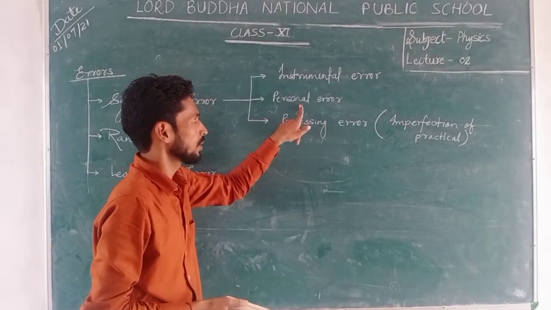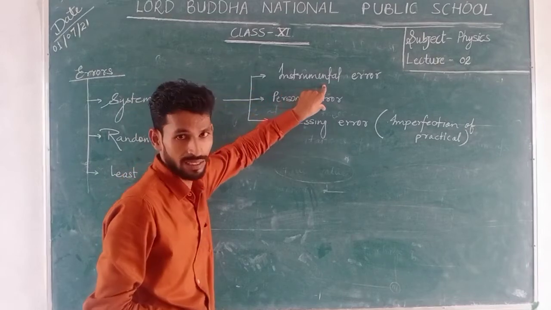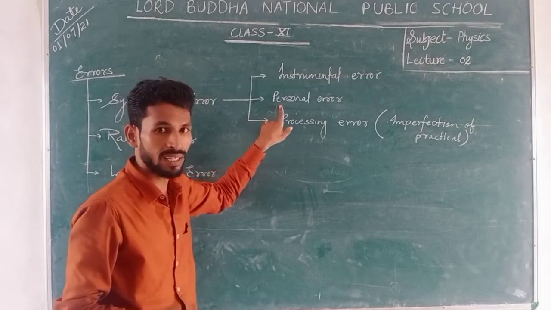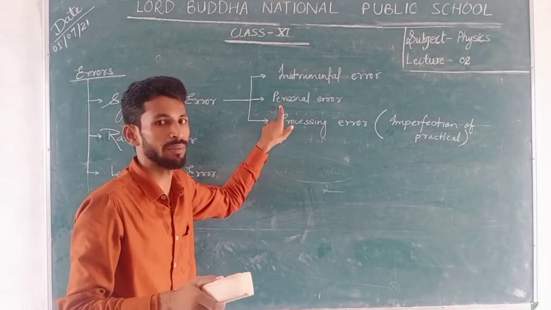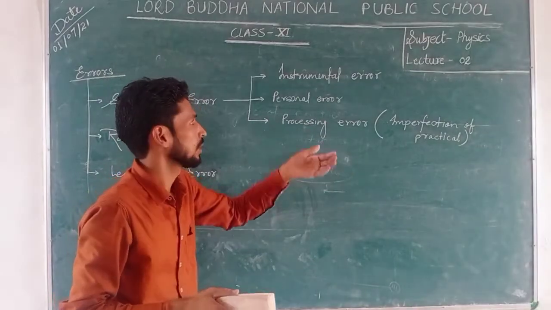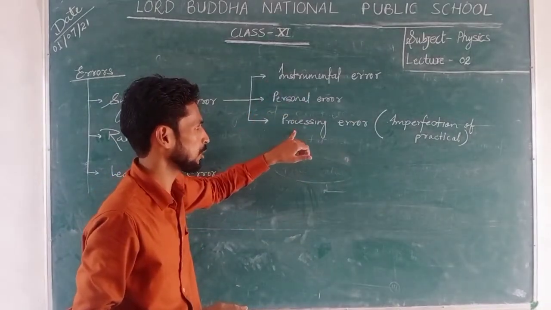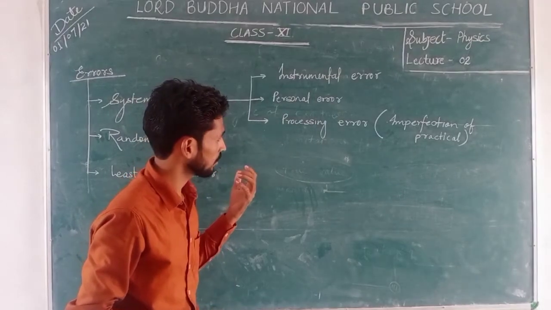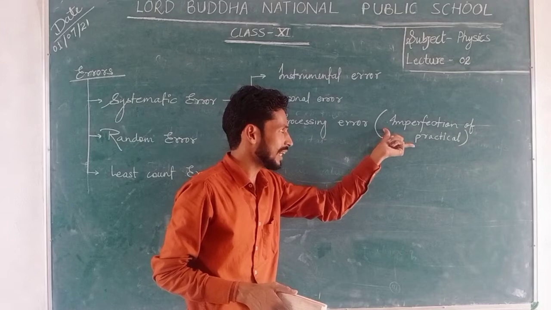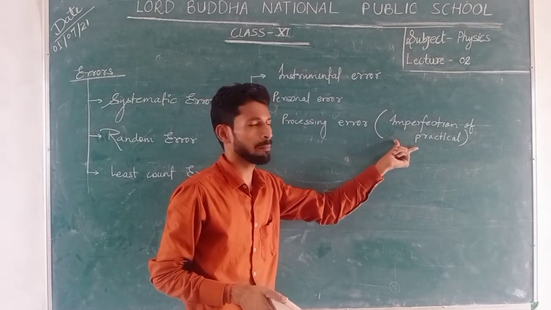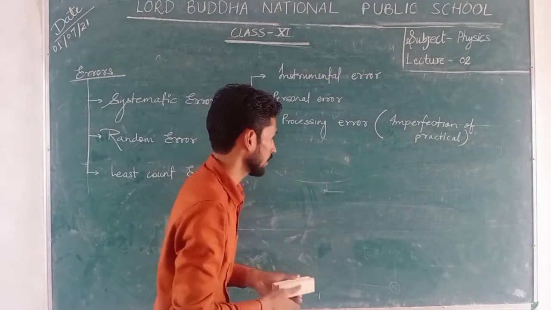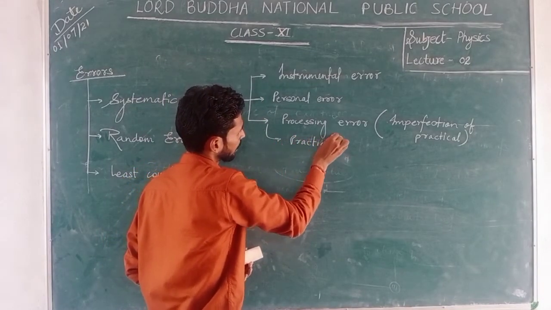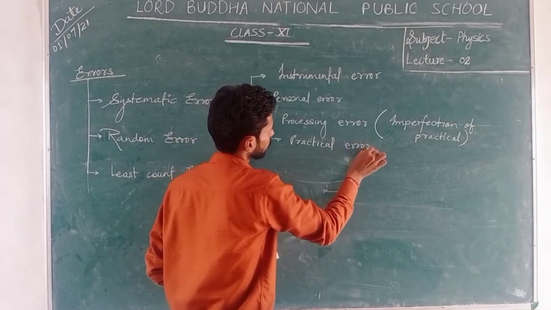Personal error can be minimized because this error is made in the measuring process, by the human being who is going to measure that physical quantity. Processing error, this term is written by me because it is, in other terms, imperfection of practical, that is practical error. Its other name is practical error.